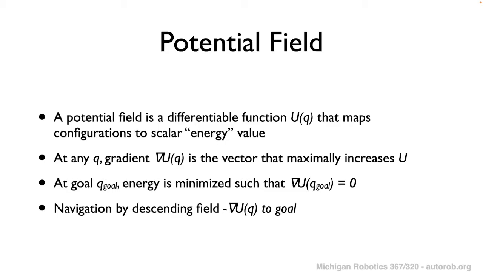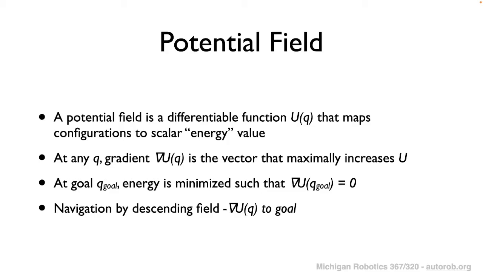Because this is a differentiable function, at every possible configuration within configuration space, there will be a gradient defined, where the gradient is the vector in configuration space that maximally increases that energy value, or that potential. Using this definition of a potential field, we'll define the goal configuration in conjunction with the potential field such that energy is minimized at the goal configuration.